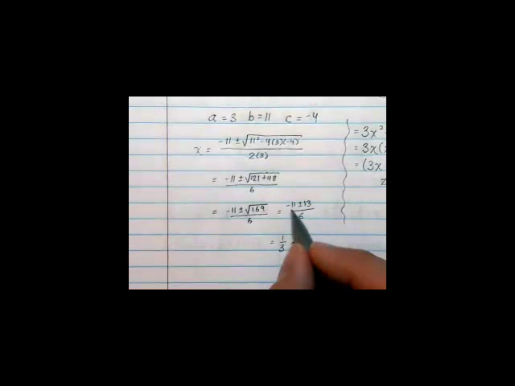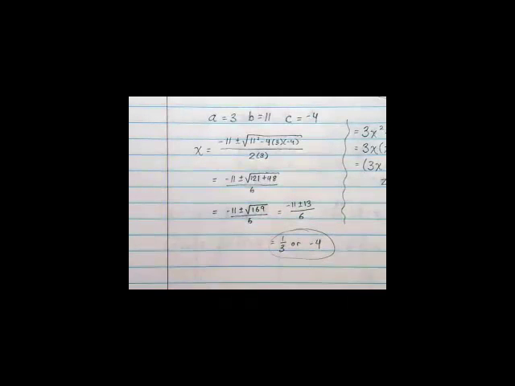And if I do the subtraction, negative 11 minus 13 is negative 24 divided by 6, negative 4. So same 2 answers. Like I said, the quadratic formula always works. If you don't like to do the factoring, you can just jump right in and do that instead.